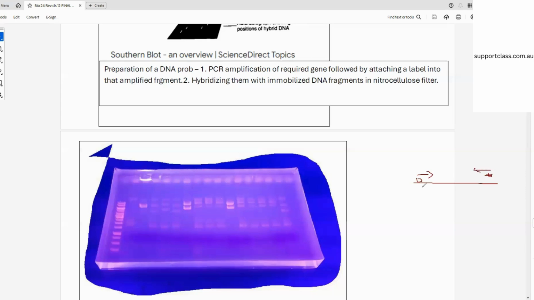So then it will amplify from here to here. Out of the whole genome, you can select it and amplify, with now hundreds and thousands of PCR amplified fragments. Still, the insulin gene is in there.